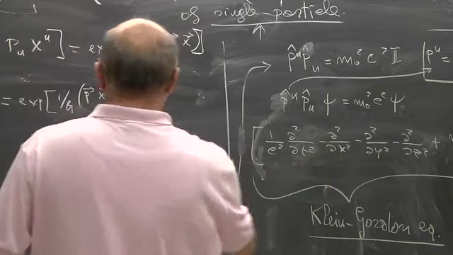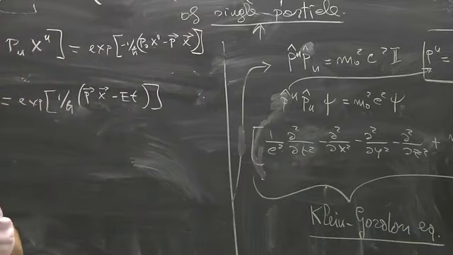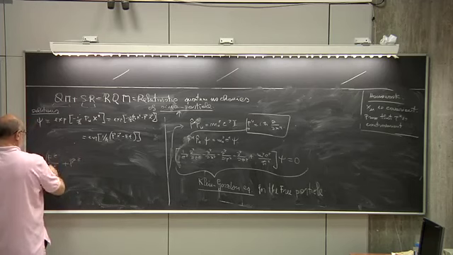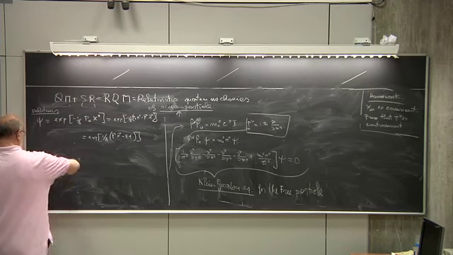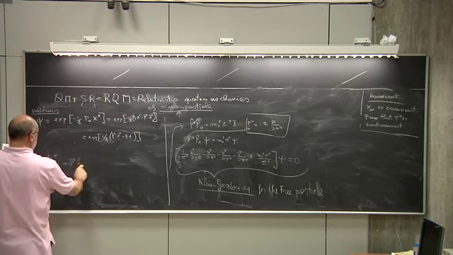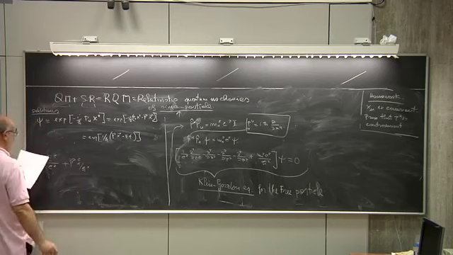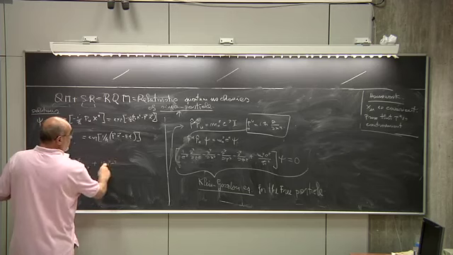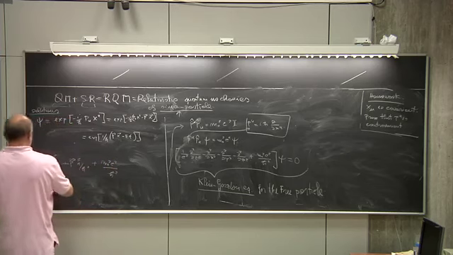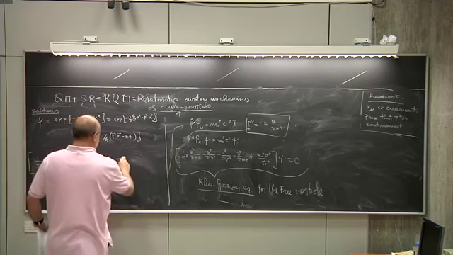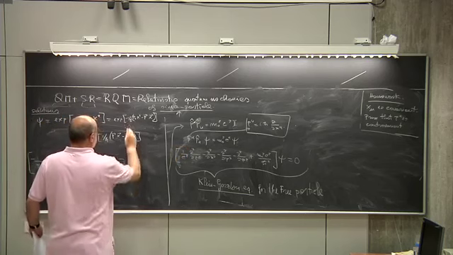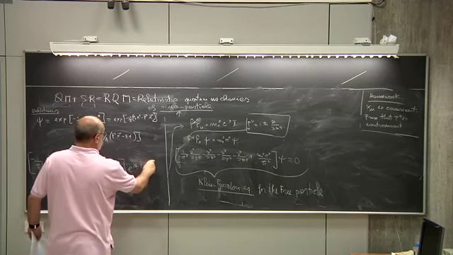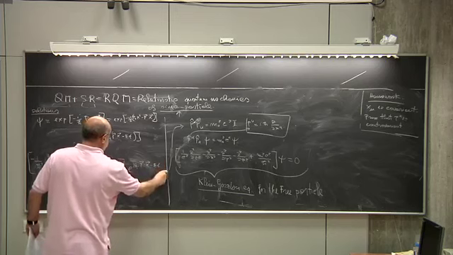Then I apply this on this, and I get the P vector squared, and of course then I get 1 over h bar squared, and then I have the last term, m squared c squared over h bar squared, multiplied by exponential of i over h bar (P x minus E t) equals 0.